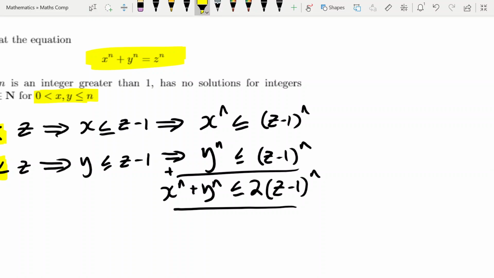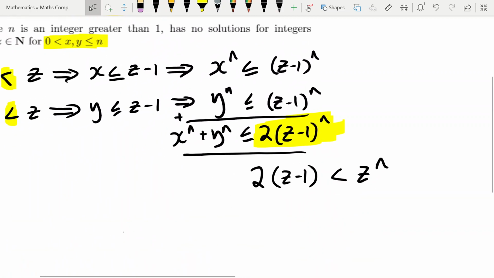If we knew this thing here, for example, if we knew that 2 times z minus 1 to the n was strictly less than z to the n, then we could prove this, because that would say z to the n is always going to be greater than x to the n plus y to the n.